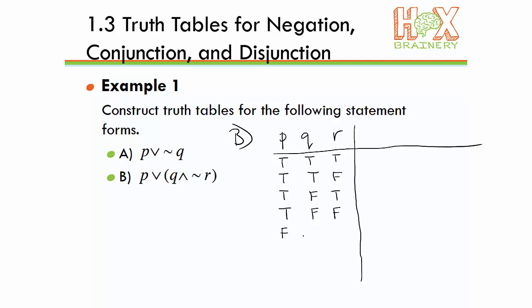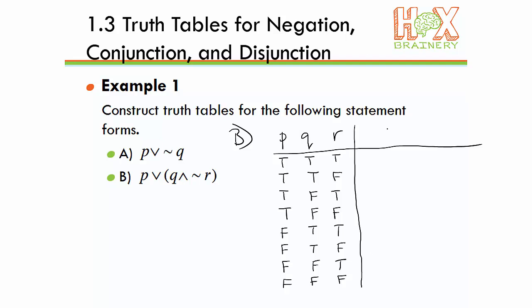Fifth case, P is false, both Q and R are true. Sixth case, P is false, Q is true, R is false. In the seventh case, P is false still, Q is false, R is true. And in the eighth case, all three simple statements are false. Okay, those are all the possible cases.